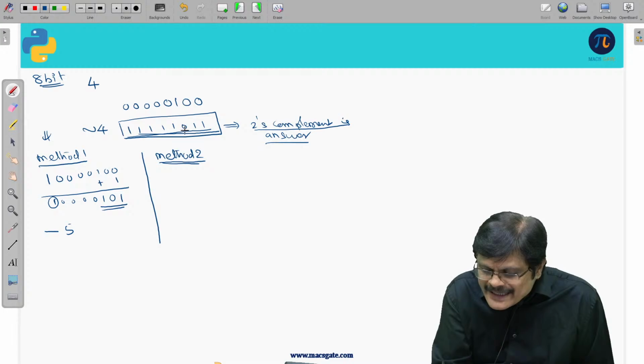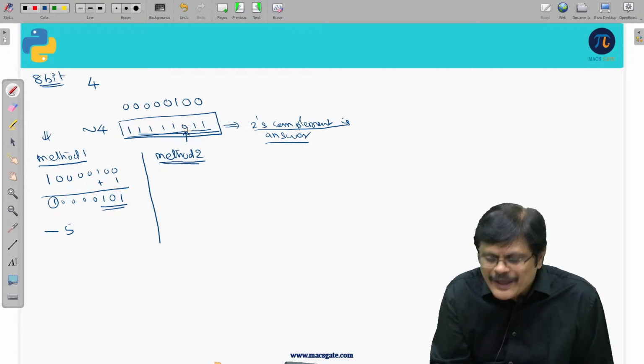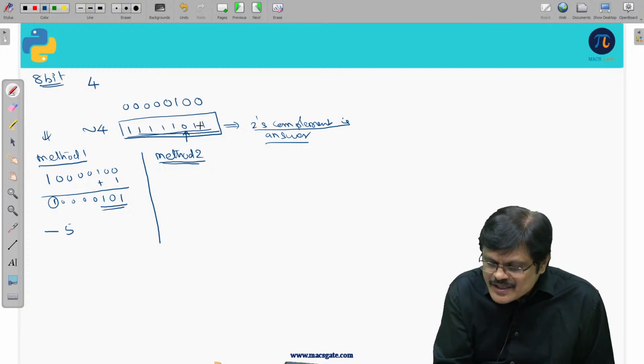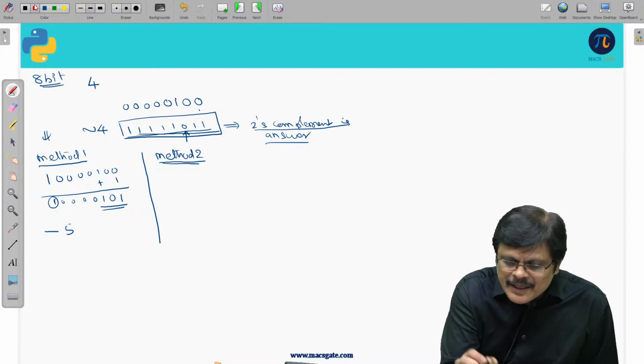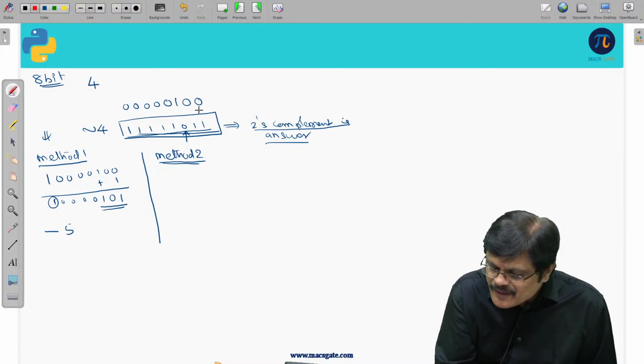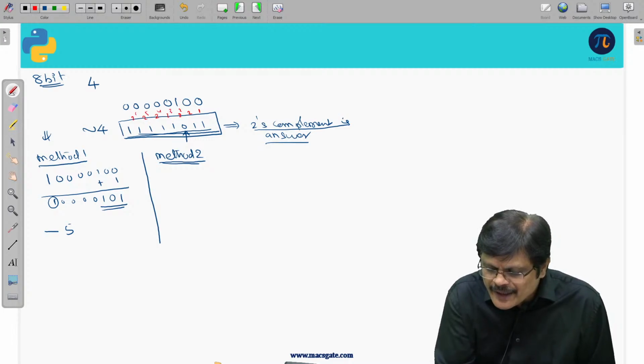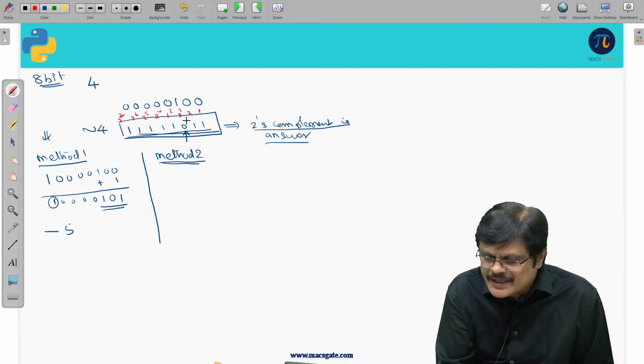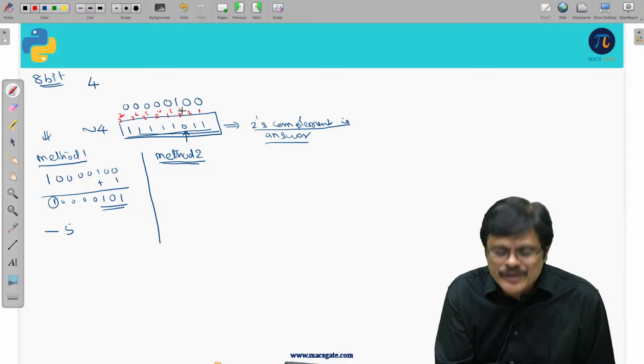In this, you find the positions of zeros. Where is the 0? You try to identify. This position is 1, this is the 2's position, this is the 2 square position, this is the 2 cube position, this is the 2 power 4 position, 2 power 5, 2 power 6, 2 power 7 position. So this 0 position is the 2 square position.